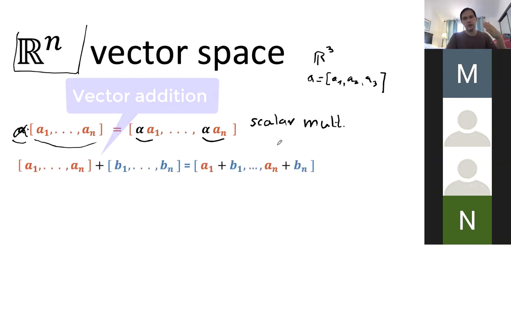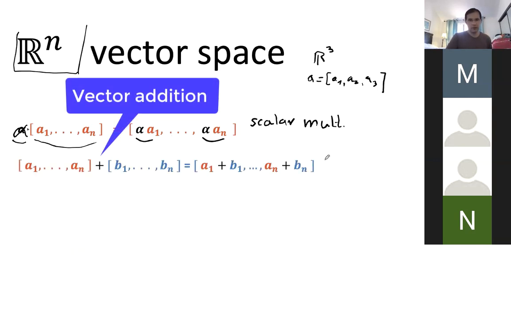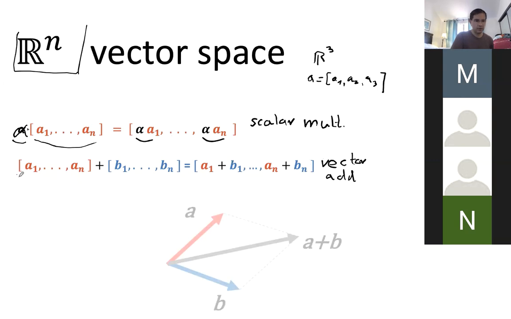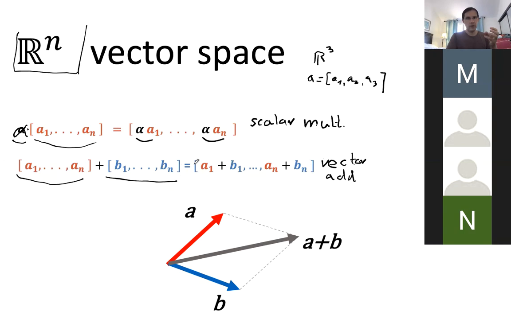The other operation is vector addition. Vector addition is when we have two vectors and we want to add them. So let's say we have two vectors, A and B. How do we add two vectors? By definition, we add them component-wise.